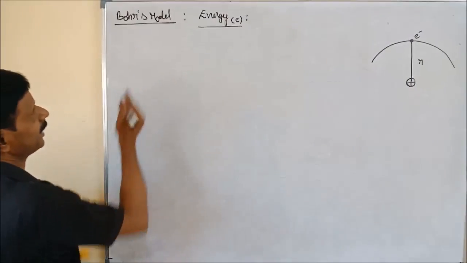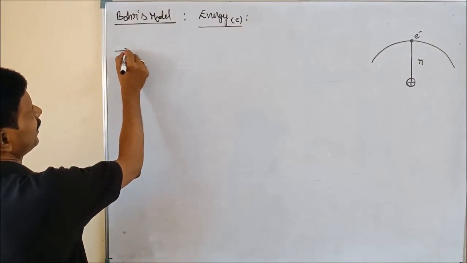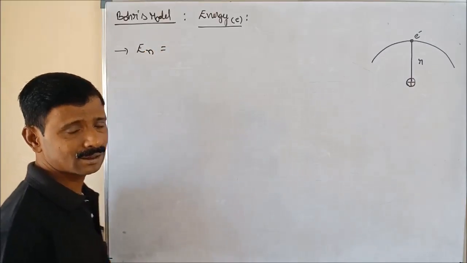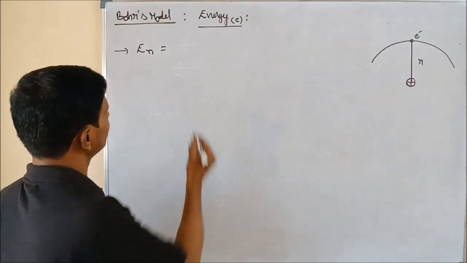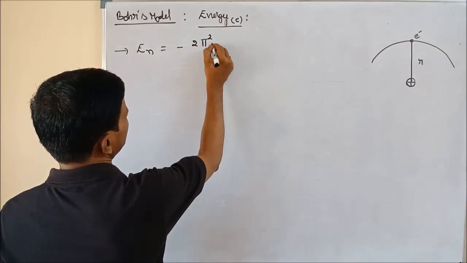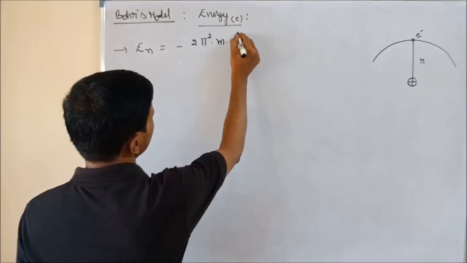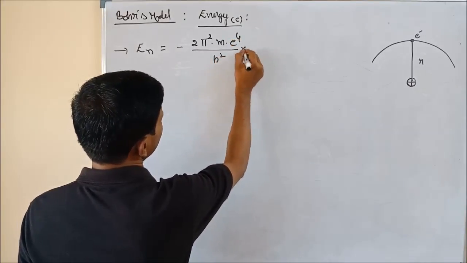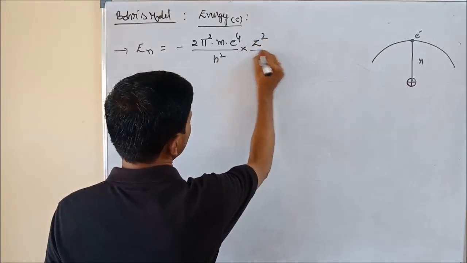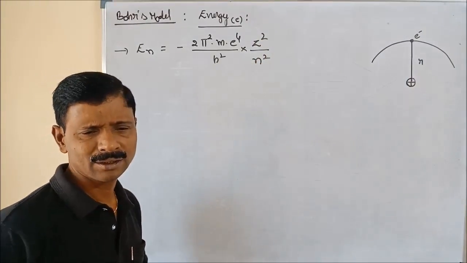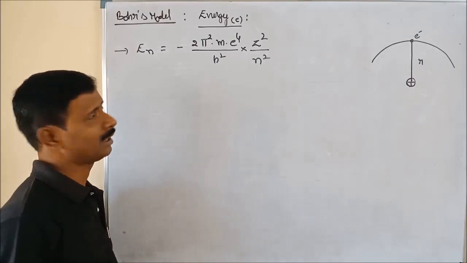As per his derivation, the energy of the electron E n, the energy in the nth level, is nothing but minus 2 pi square m e power 4 by h square into z square by n square. That is the general expression we have.